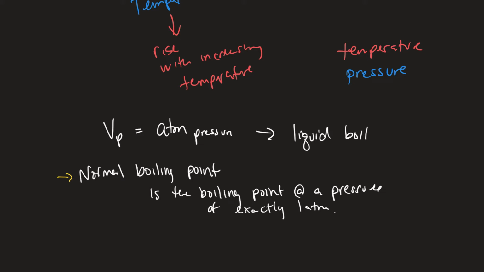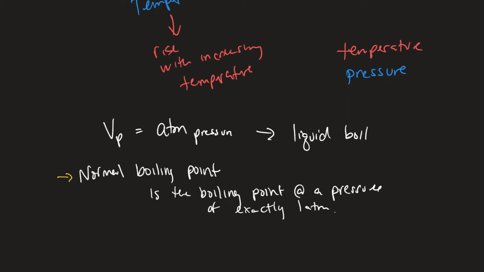Most of us live around 1 atmospheric pressure anyways, so anytime we watch something boil, it's boiling at the normal boiling point. But if we're in a different place where the pressure is much higher or much lower, then that boiling point will definitely change.